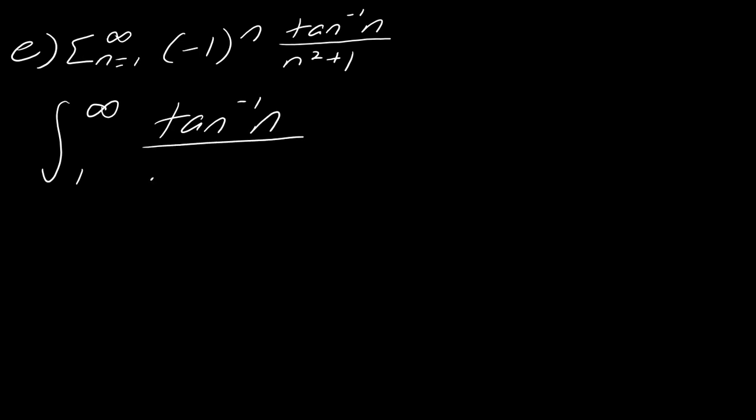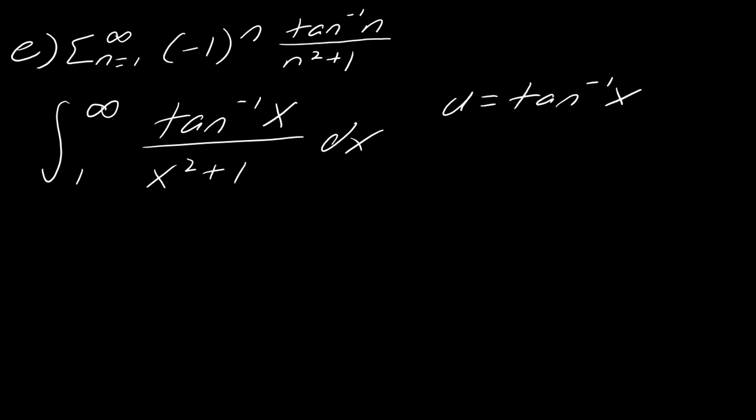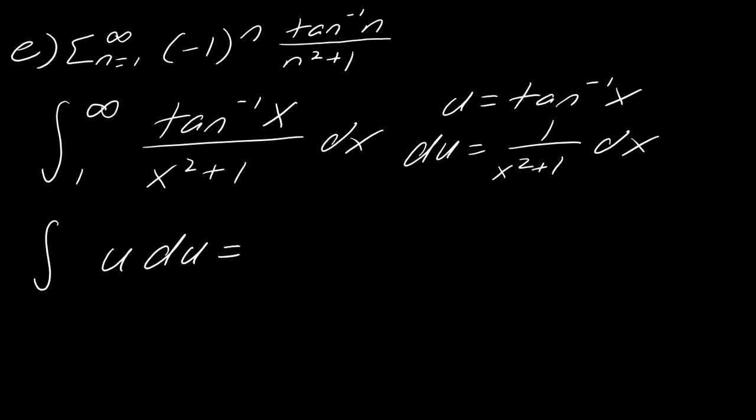So what I'm going to do is integrate this situation. Actually, let's turn it all to x's. I like using x's when I integrate. x squared plus 1. In this case, my u will be inverse tangent of x, and my du will be 1 over x squared plus 1 dx. And then I will leave my bounds alone for a second. So let's just rewrite this as u du.